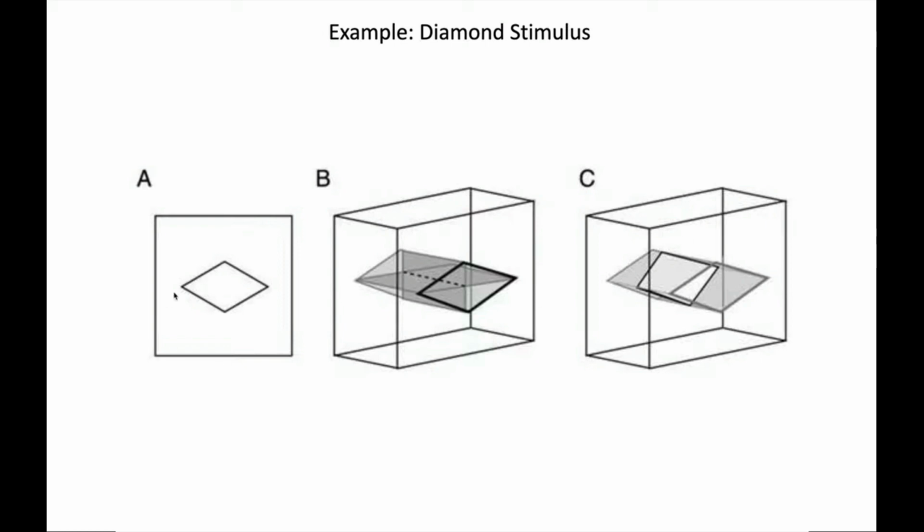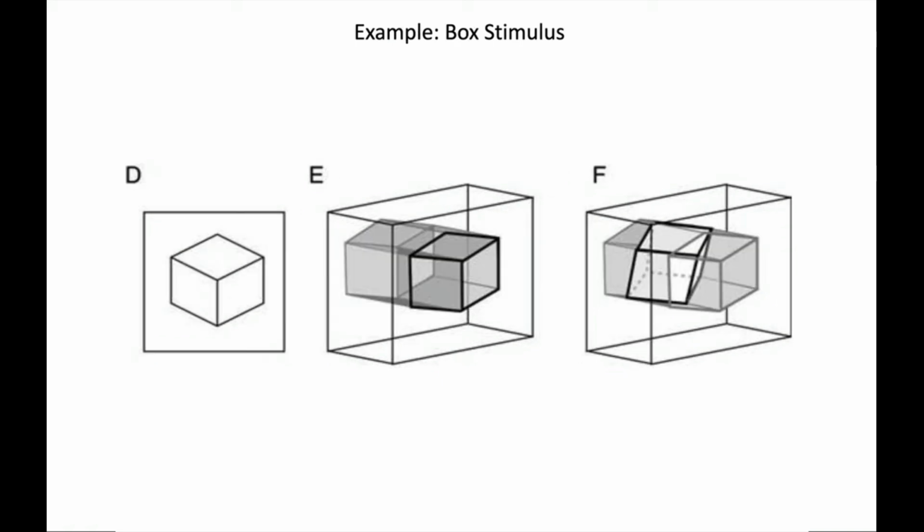A couple of quick examples. Here's a diamond-shaped stimulus that can also be perceived as a square tile in depth, tilted in depth. And here is the inverse projection of the diamond. And embedded in that inverse projection is a perfect square stimulus that fits into the extruded diamond.